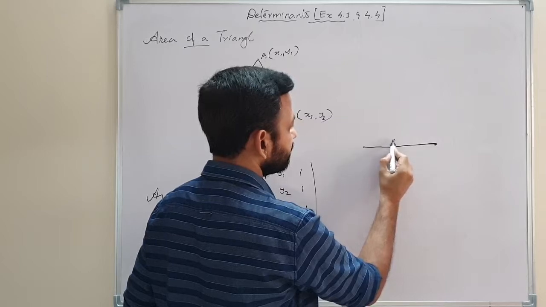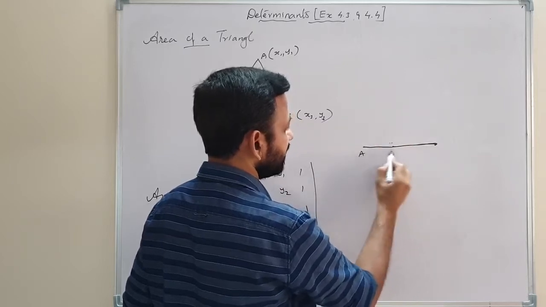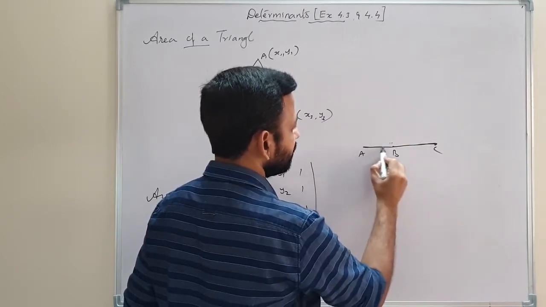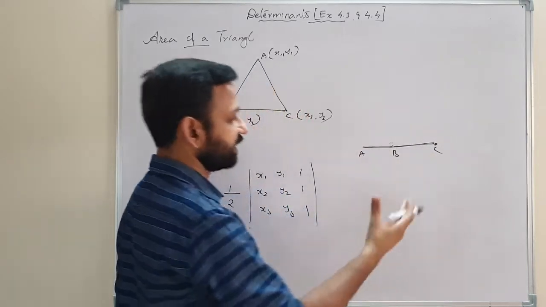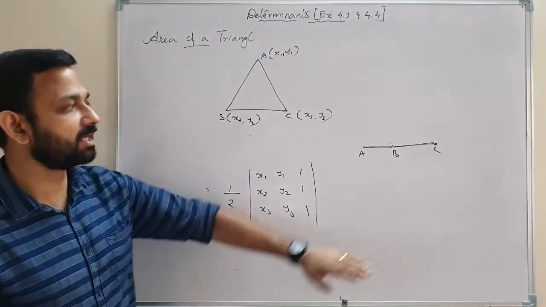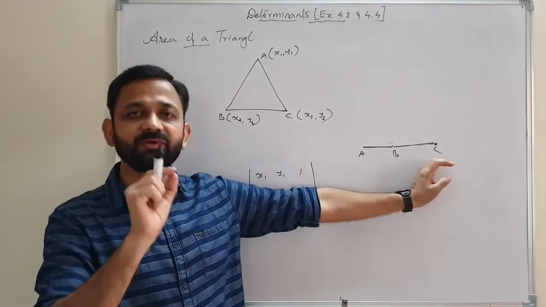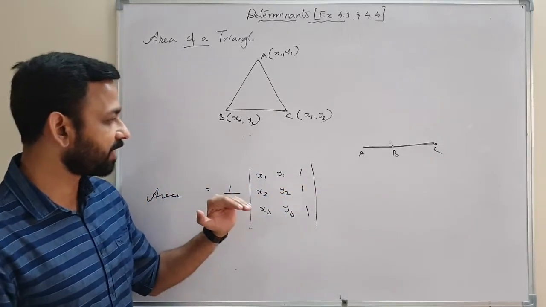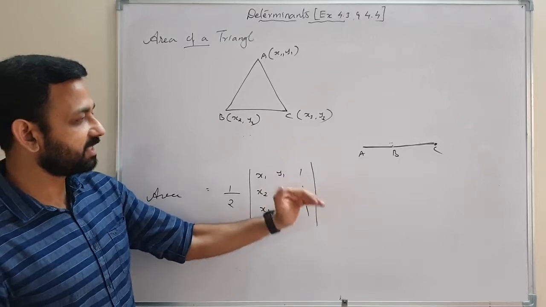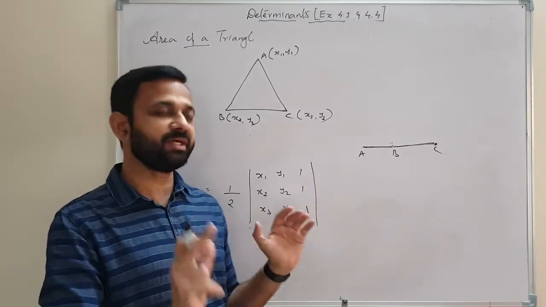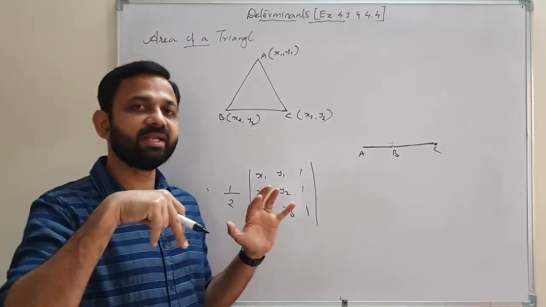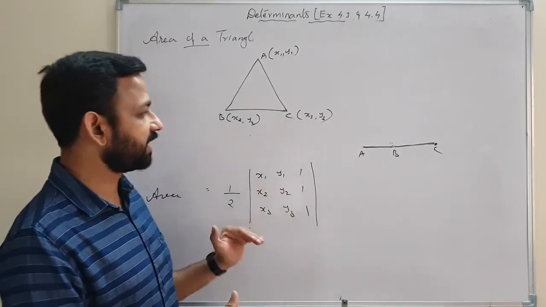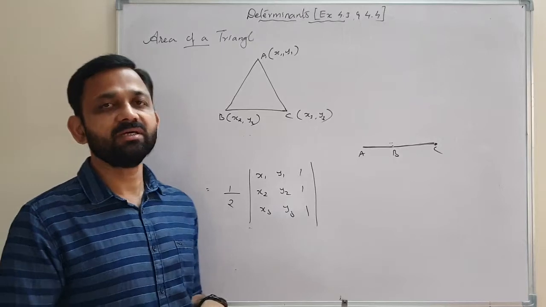When we try to draw a triangle ABC, join AB, then BC, then AC. If they are collinear, the area will be 0. So to verify whether the given 3 points are collinear, just find the area by using a determinant, and if that area is 0, then the 3 points are collinear.